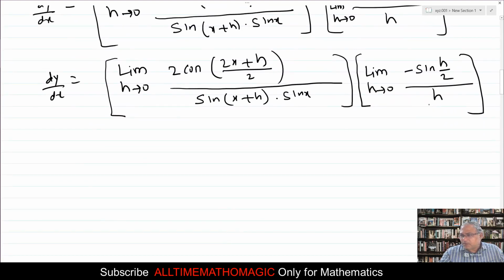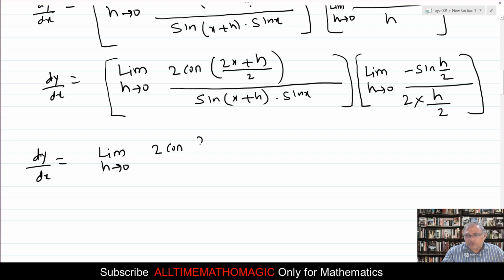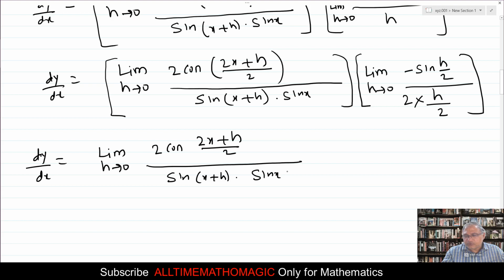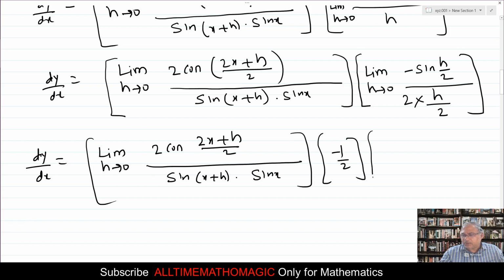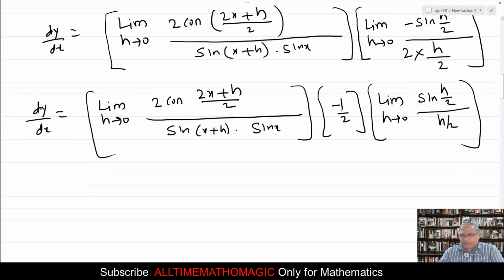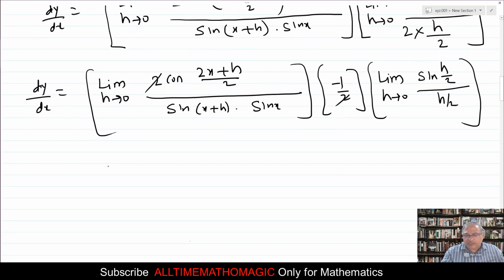After that, multiplying and dividing by 2, dy by dx equals limit h tending to 0 of 2 cos of 2x plus h by 2 divided by sin of x plus h into sin x, and here minus 1 by 2 is taken outside, with limit h tending to 0 of sin of h by 2 upon h by 2. These two and these two get cancelled.